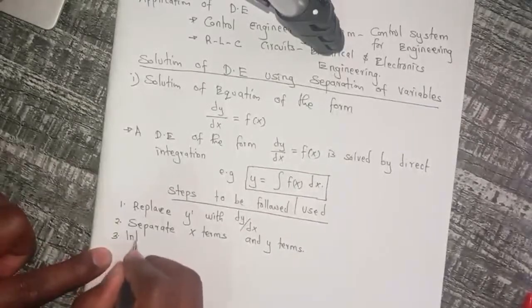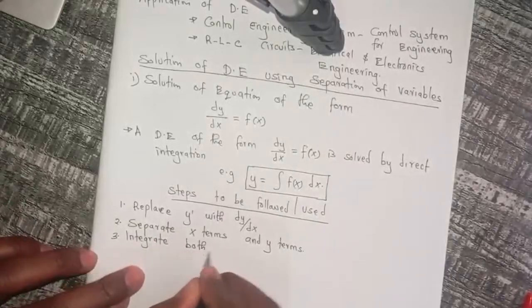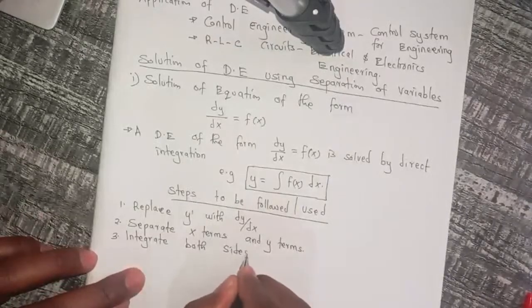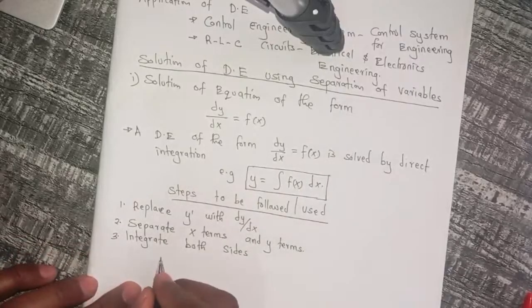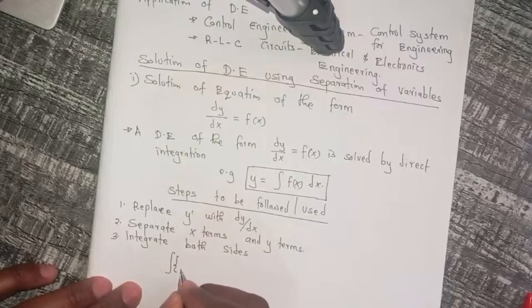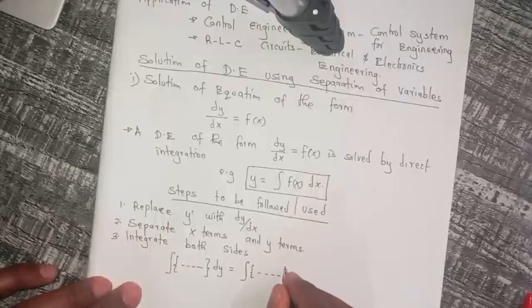Then 3, you integrate both sides. For example, you can say the integral of, let's leave it like that, with respect to dy is equivalent to the integral of, again we leave it as a dash, with respect to dx plus the constant of integration.